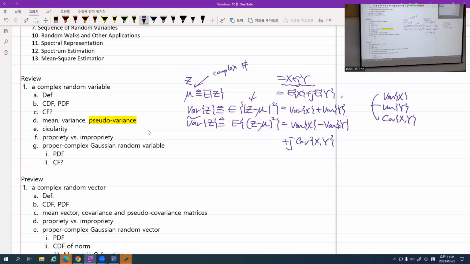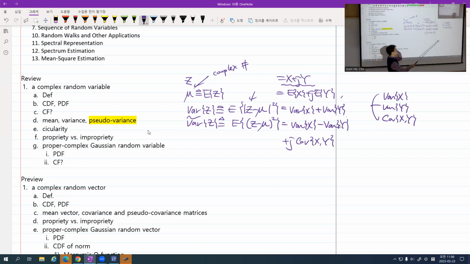So this shows that the variance itself misses the covariance between X and Y, and complementary variance has the covariance in the imaginary part. So in order to fully identify the second order moments of the real part and imaginary part of these two random variables, you need both of them.